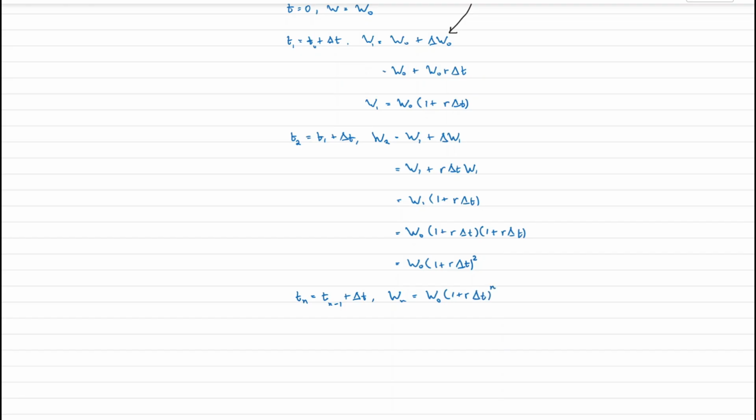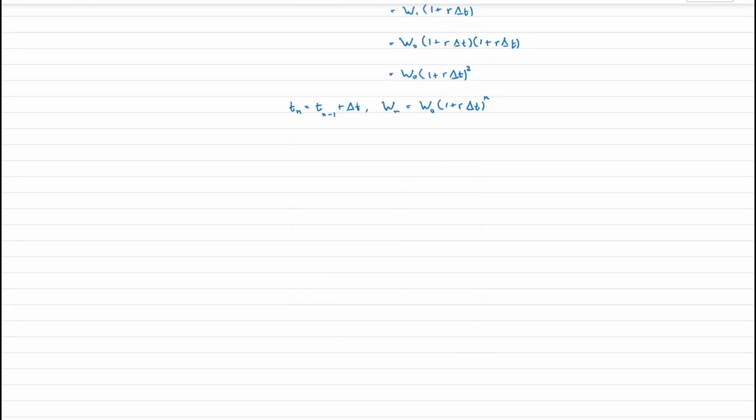So we've now proved that the solution to the expression above is an exponential equation. And it's an exponential equation because W naught, R, and delta T are constants. The only thing that is variable is n.